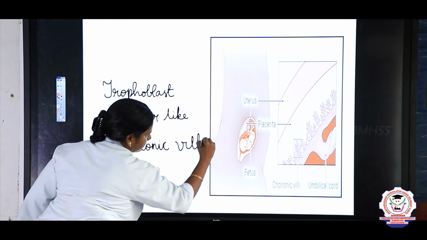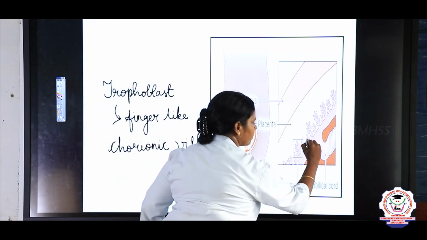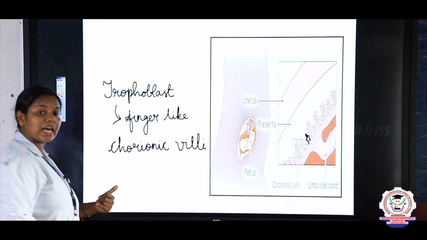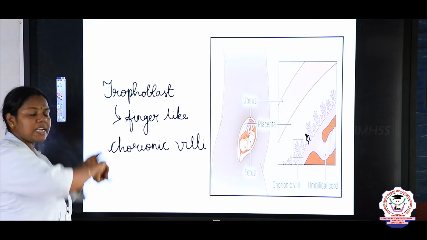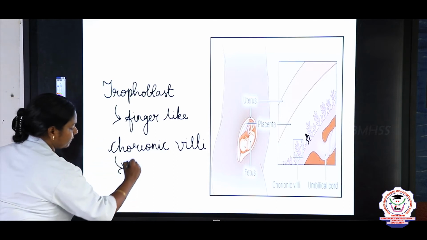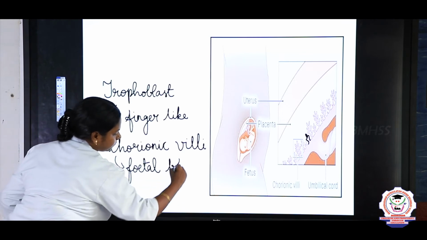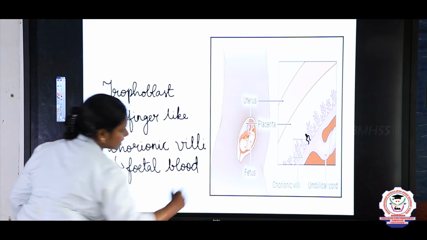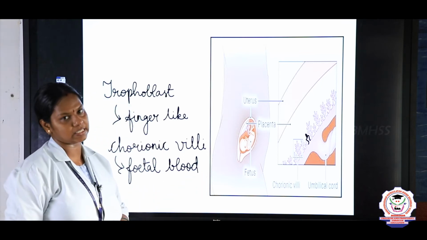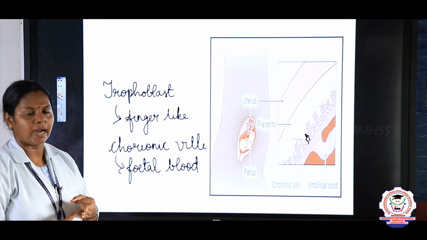So, this is the structure called chorionic villi. These chorionic villi contain fetal blood and are surrounded by the mother's blood. So far we discussed the extra-embryonic layers, that is the amnion, yolk sac, allantois and chorion.